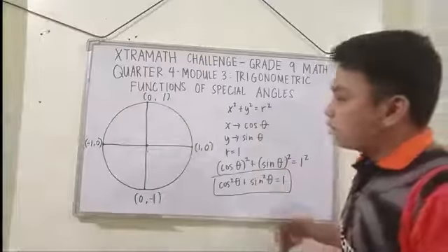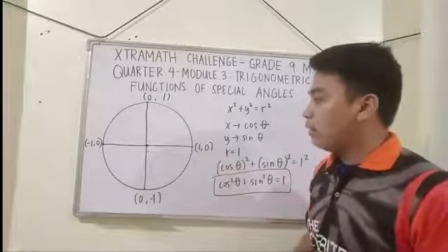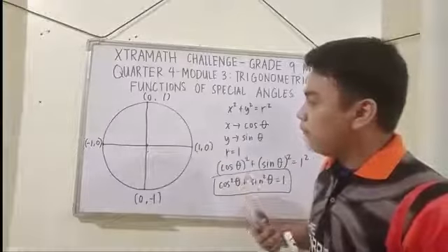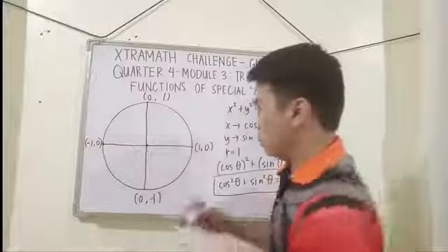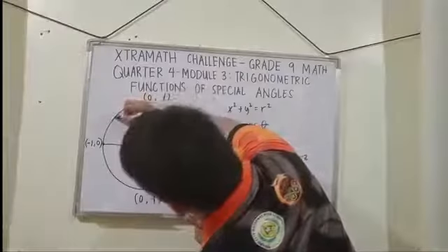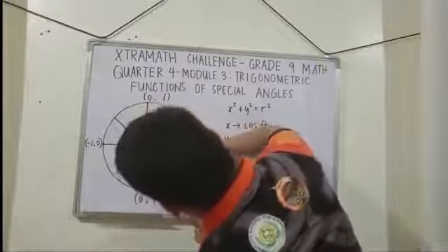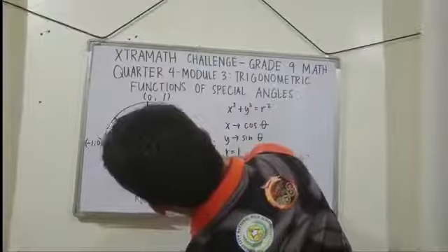Now let's go back to the unit circle. What if we divide the unit circle into 8 equal parts?